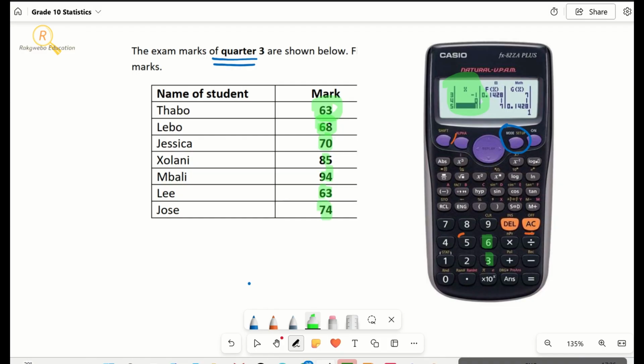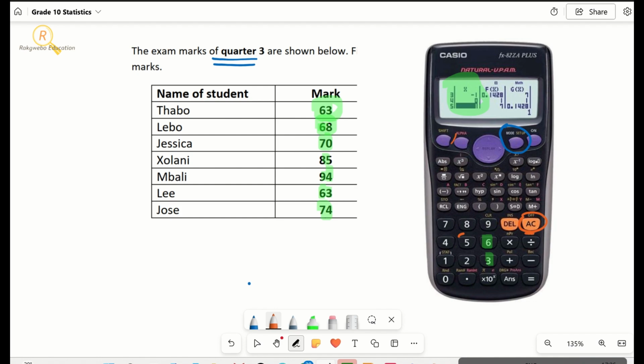Then 74. Remember, after pressing 74, you must press equal to as well so that it gets saved. Otherwise, it won't be saved. When you're done, press AC. After pressing AC, what you see on your screen is a 0 at the bottom.